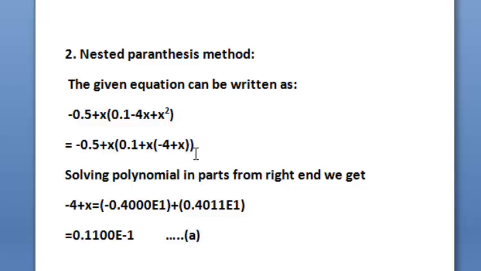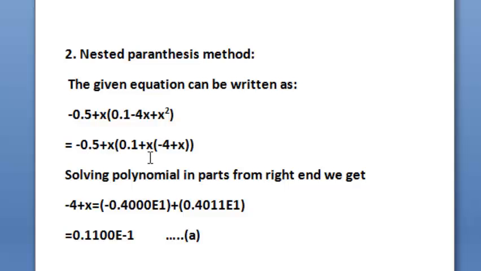Solving this polynomial in parts from the right end, using the rightmost part, minus 4 plus x, we get 0.1100 E minus 1. This is again our equation A.